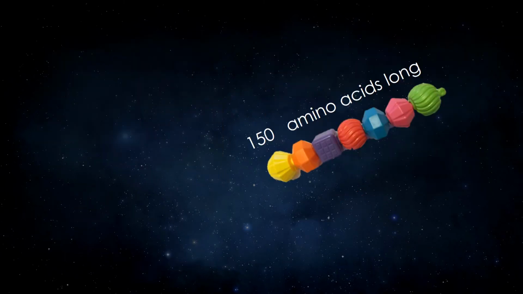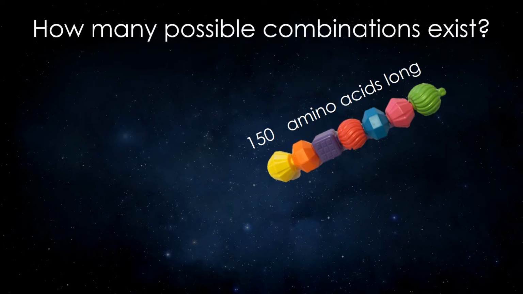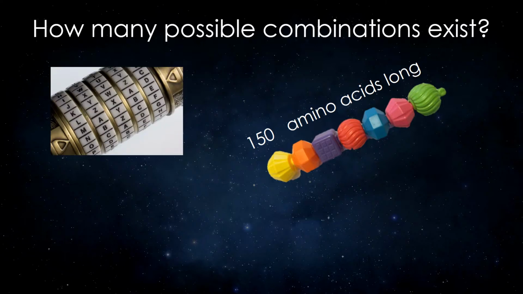Let's think about an amino acid chain that has 150 amino acids. How many possible ways can those 150 amino acids be combined? Think back to this combination lock. We started with the number of letters on each dial, which was 26. Then we used the number of dials, in this case 5, as the exponent. Since there are 20 different kinds of amino acids, kind of like an alphabet with only 20 letters instead of 26, we start with the number 20.